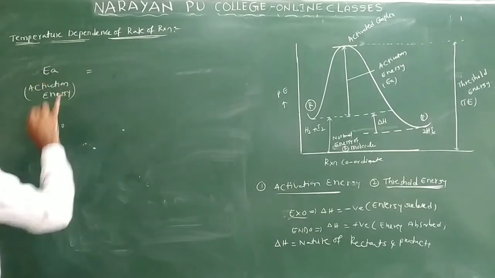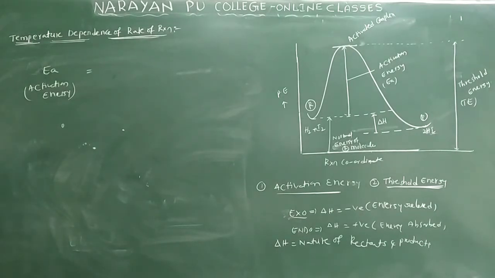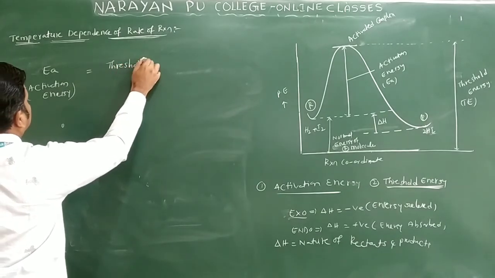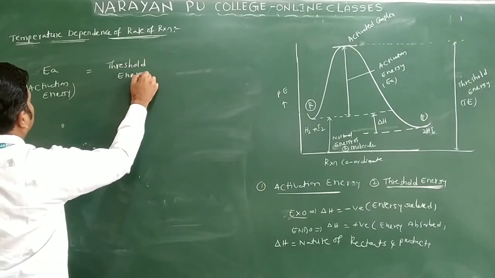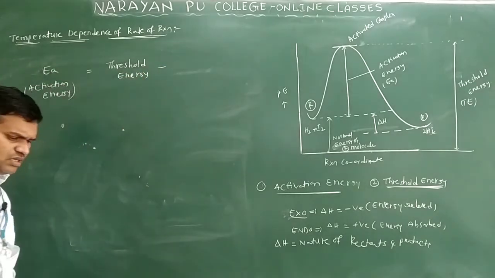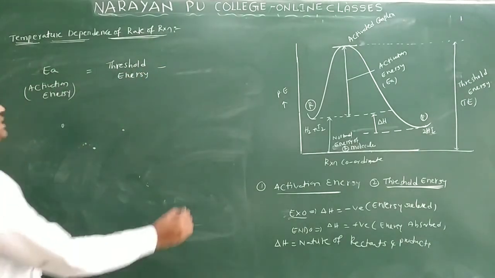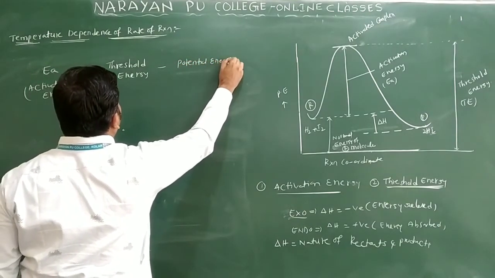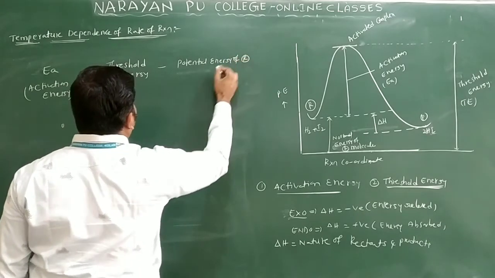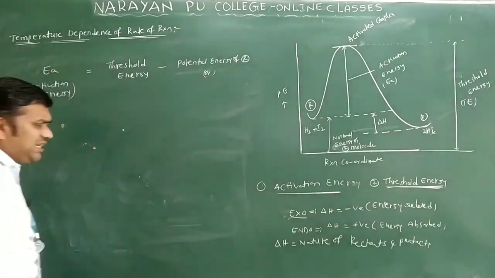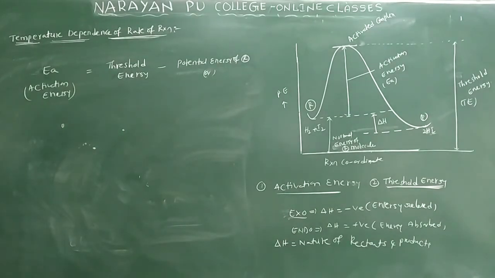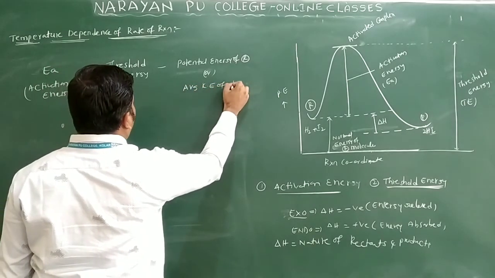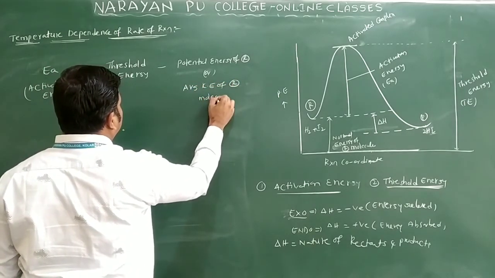Activation energy EA is equal to threshold energy minus potential energy of the reactants, or the normal kinetic energy of the reactant molecules, or you can say the average kinetic energy of the reactant molecules.